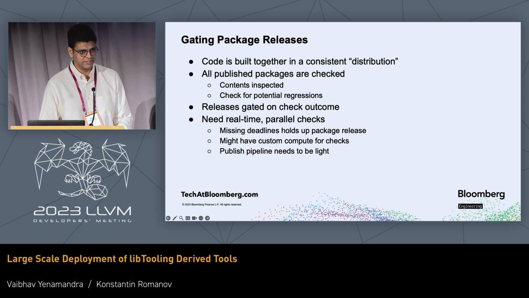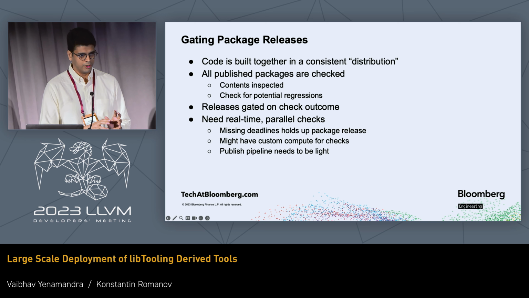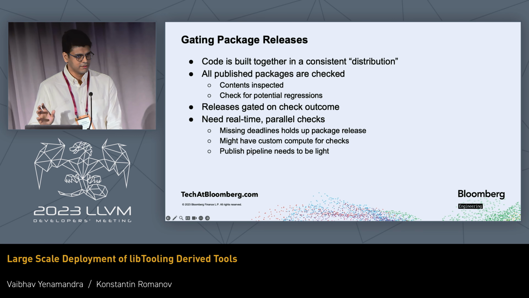So while the checks themselves are usually really lightweight, if you're going to run something on the entire reverse dependency graph of a package, you don't want to do it as a part of the release pipeline, because that might hold it up, and that's really bad for developer experience. So this is where we come in and fill the need for a real-time analysis pipeline that runs in parallel with the release pipeline.